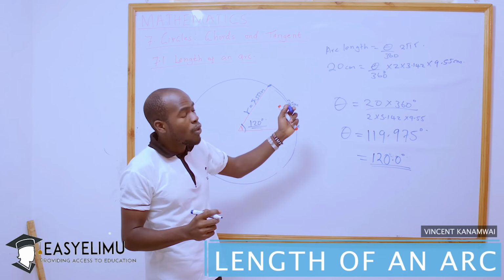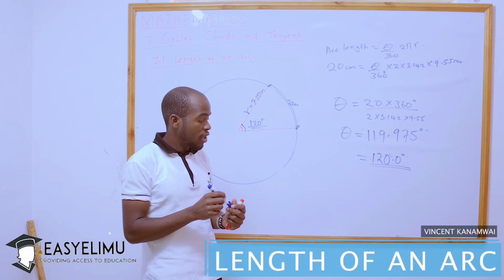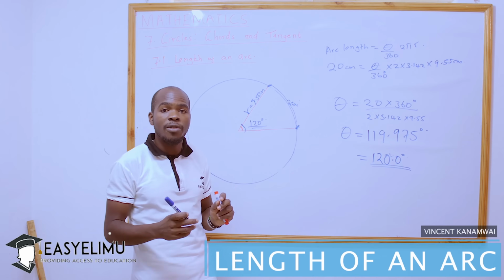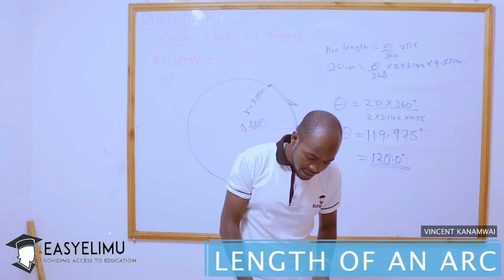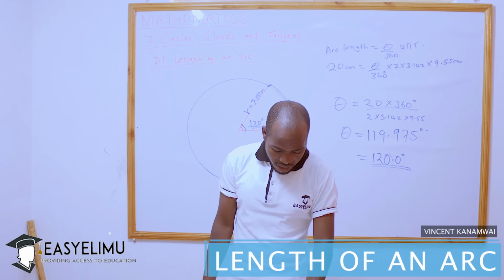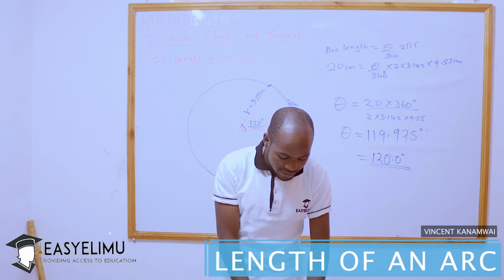Having understood what I have taught here, I will give you one exercise, and you should use the information and relationship there and see if you will find the answer. Two circular wires of diameter 9 cm and 12 centimeters are cut and joined to make one large circle.